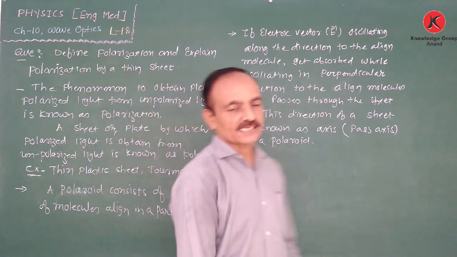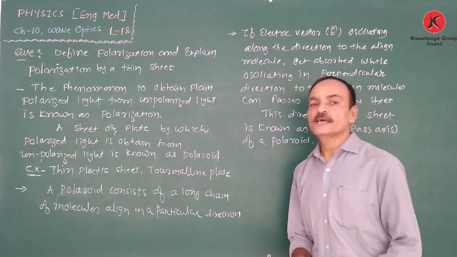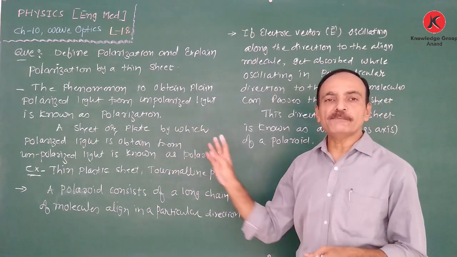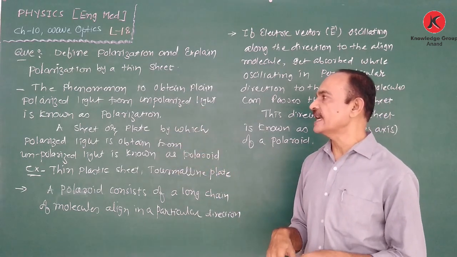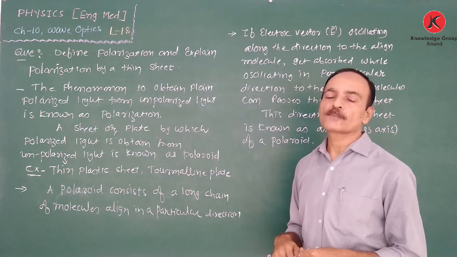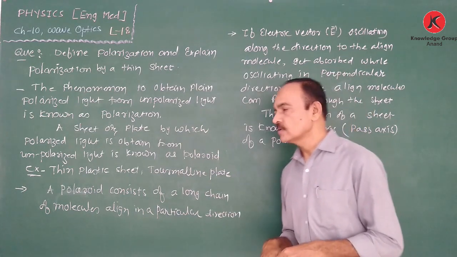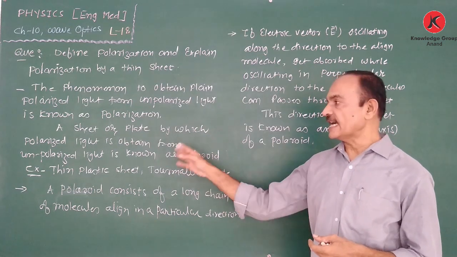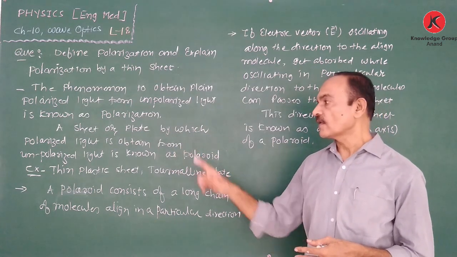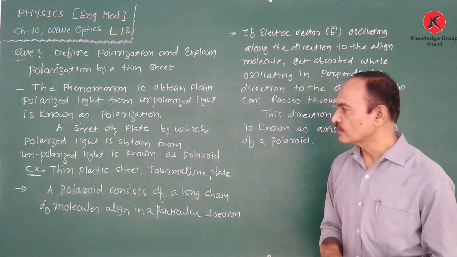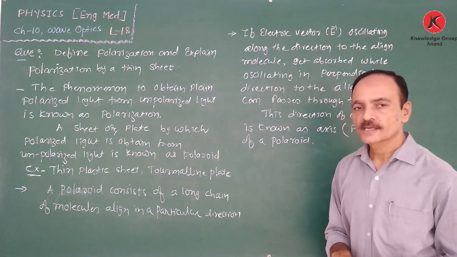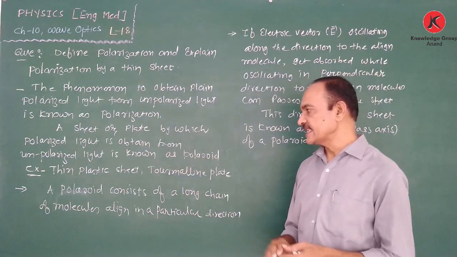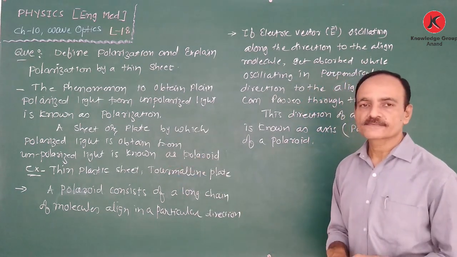So that is the information about the polaroid and the phenomenon of polarization. Again, the phenomenon of obtaining plane polarized light from unpolarized light is known as polarization. A sheet or plate by which polarized light is obtained from unpolarized light is known as the polarizer. Examples of polarizers are thin plastic sheet or tourmaline plate.